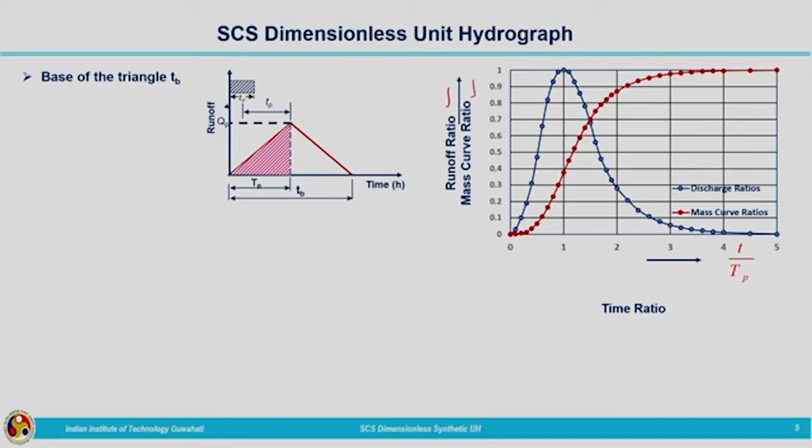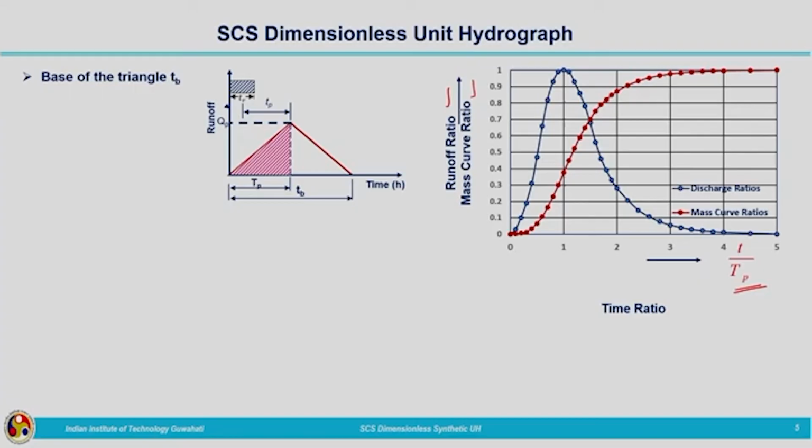Mass curve you already know, that is the cumulative discharge, also made dimensionless with the peak discharge, represented by the mass curve ratio. And along the x-axis we have the dimensionless time, small t divided by Tp. Tp represents the time of rise, or the time elapsed between the beginning of the runoff and the peak runoff.